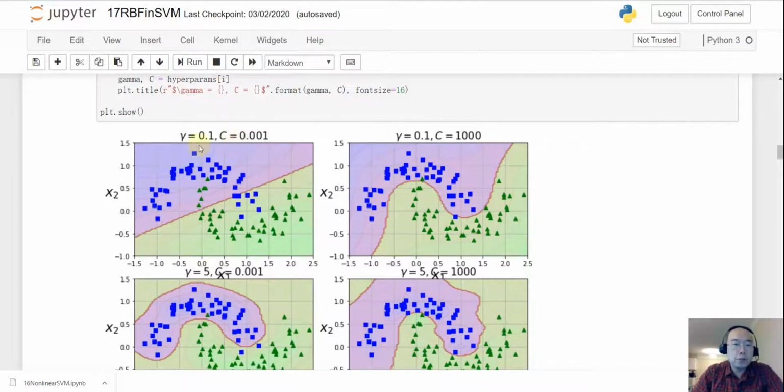And if we do a very small gamma and a very small C, what is it? It is a linear boundary, right? So on the upper left, what we really see is, using the Gaussian kernel with a very small gamma and very small C, we got a linear boundary. And is that an overfit or an underfit?